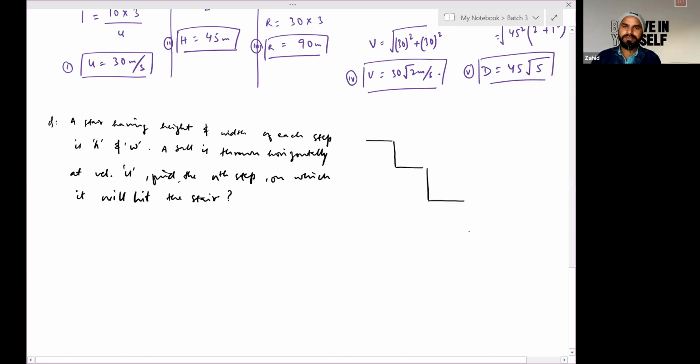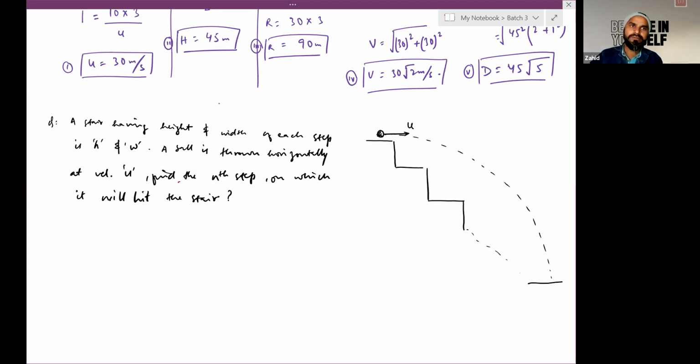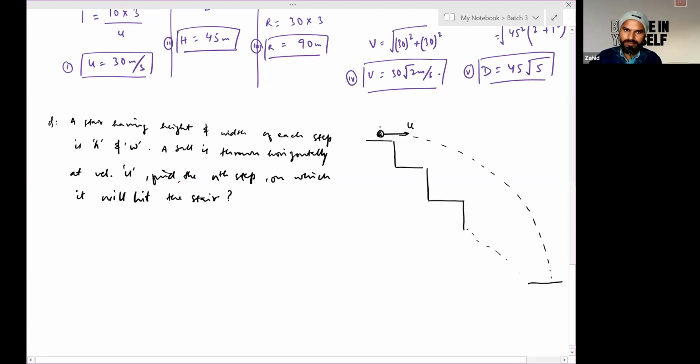According to the question, it is like this. A ball is thrown at this point horizontally at some initial velocity u. So it will move along this path to reach this point. Now, if you draw the coordinate system for this, this is the vertical line and this is the horizontal line.